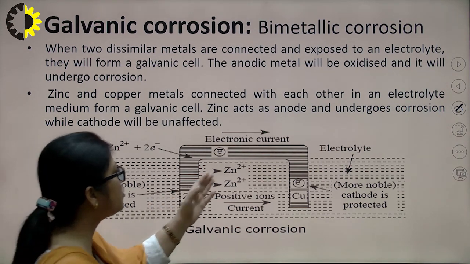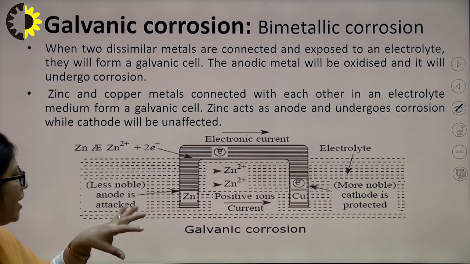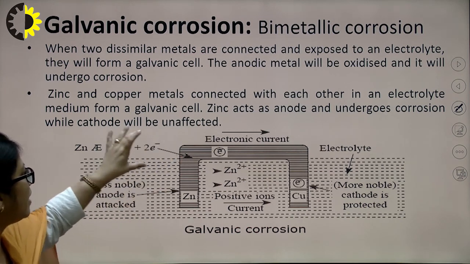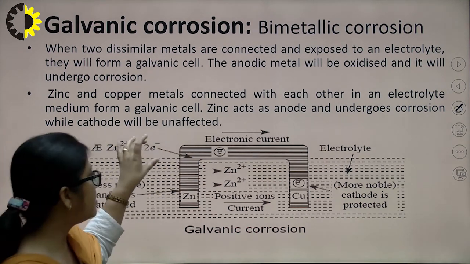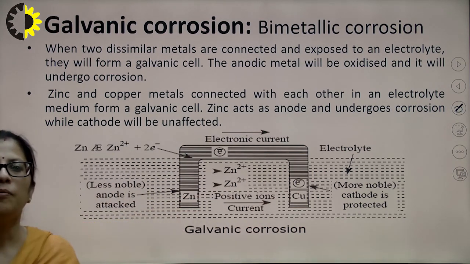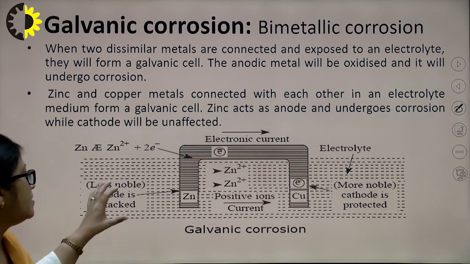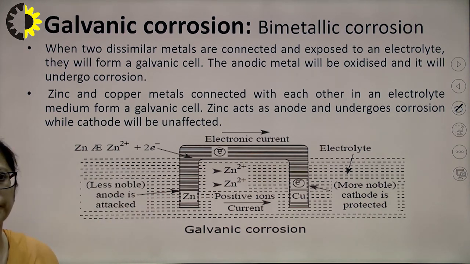If we keep these two metals in contact, they undergo galvanic corrosion. Zinc undergoes oxidation, whereas the electrons released by the zinc move towards the copper, and the copper undergoes the reduction reaction. So, corrosion will concentrate at the zinc metal.